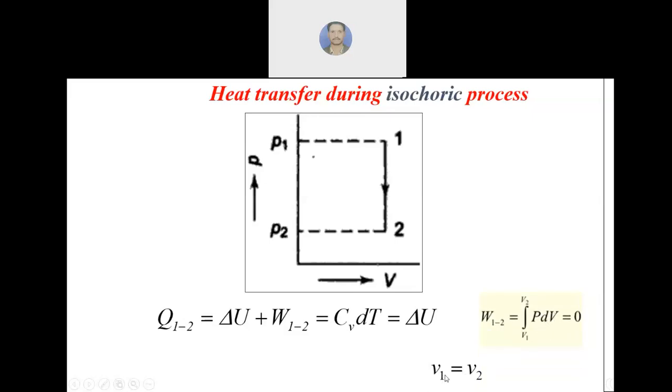When volume is constant, V1 equals V2, so what will be dV? dV is the change in volume. It will be 0 because volume is constant. If dV is 0, total work transfer will be 0. So heat transfer equals the change in internal energy, delta U, and delta U is nothing but Cv dT. Like this, you can find the heat transfer for the isochoric process.